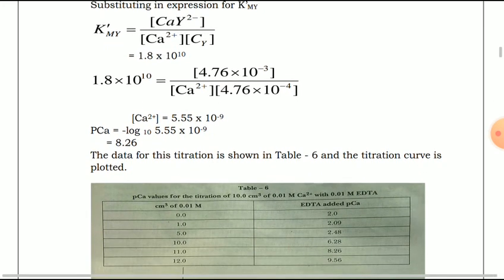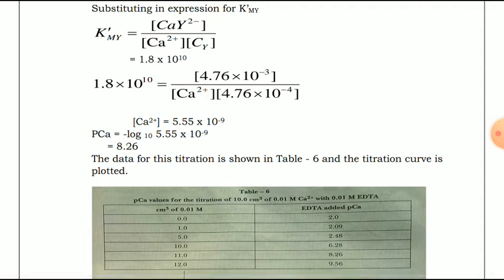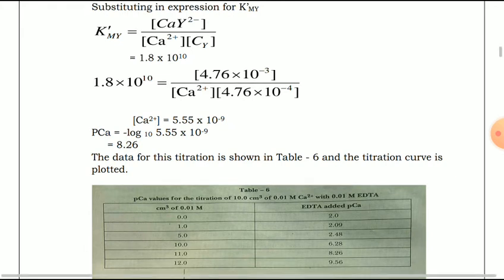So this is the table, right? On the left hand side we have the added 0.01 molar EDTA solution, and on the right hand side we will get the pCa values. At the beginning the value will be 2. When we add 1 ml, that will be the 2.09 pCa value.